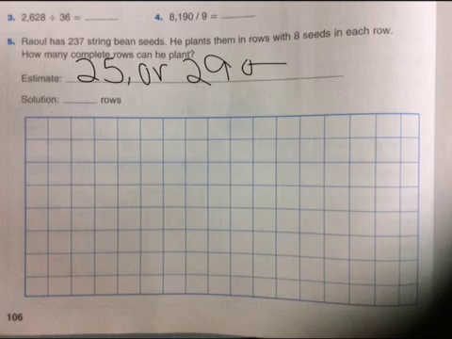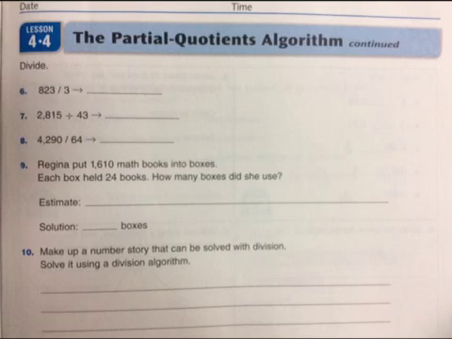That's going to be my estimate. Okay, so go ahead and solve that. Just simply divide 237 divided by 8. Do not count the remainder. Okay, boys and girls? Please continue to practice your partial quotients on page 107 right here by dividing the following. We will check those in class.